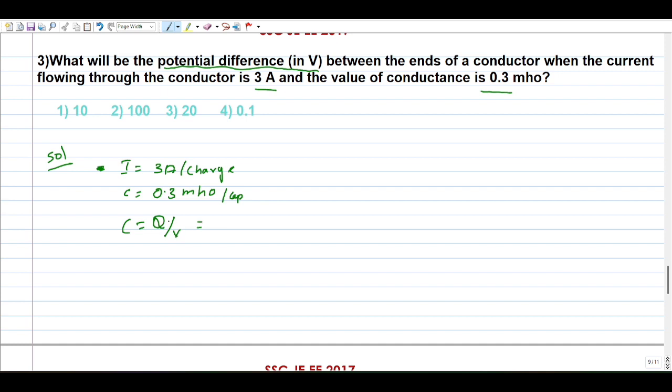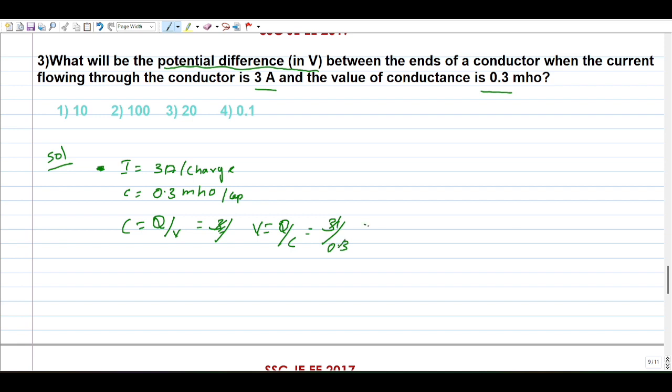So Q is nothing but the value of current, 3 amps. We need to find the value of potential difference, so V is equal to Q by C. The value of charge is 3 by the value of conductance, 0.3.